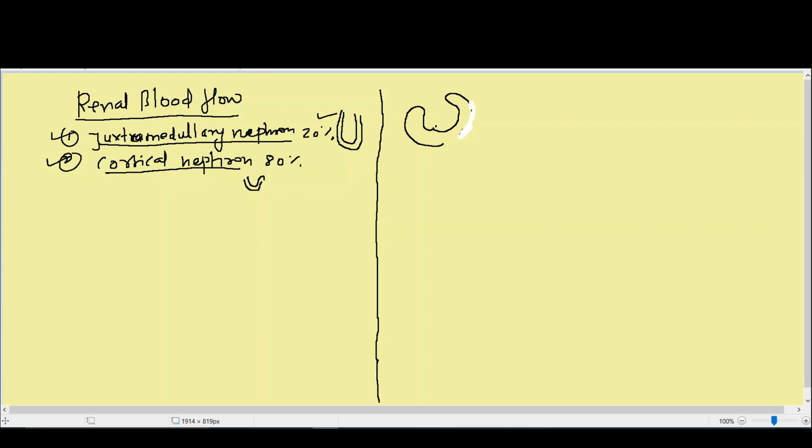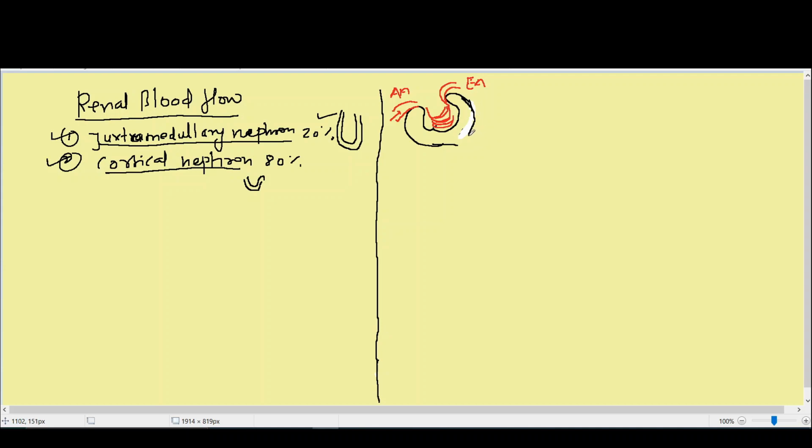In the Malpighian body, we know that we have the afferent arteriole, which divides into capillaries known as the glomerulus, which then leave as an efferent arteriole. So the afferent arteriole carries blood into the glomerulus and the efferent arteriole takes the blood away from the glomerulus.